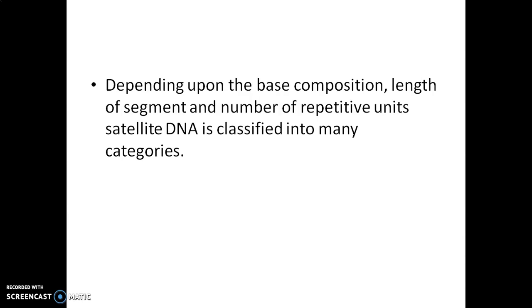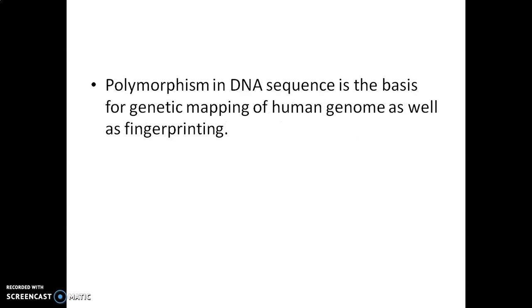Depending upon the base composition, length of segments and number of repetitive units, satellite DNA may differ. Satellite DNA is classified into many categories. This is one among them. So this polymorphism in DNA sequence is the basis for genetic mapping of the human genome as well as fingerprinting.